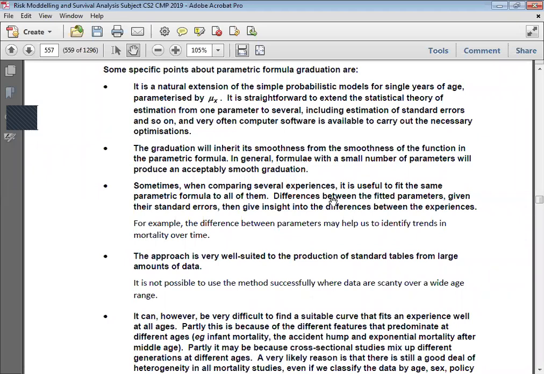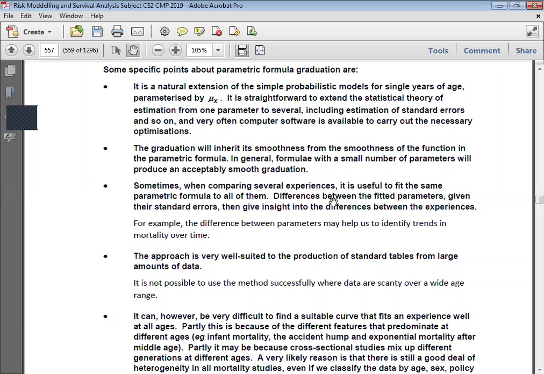This approach is actually used quite often to produce standard tables. Because when you're trying to produce standard tables, you have a large amount of data, and you cannot use an already existing standard table to produce another, right? So you use the parametric formula to produce a standard table, which then can be used to figure out the mortality rates for something else.